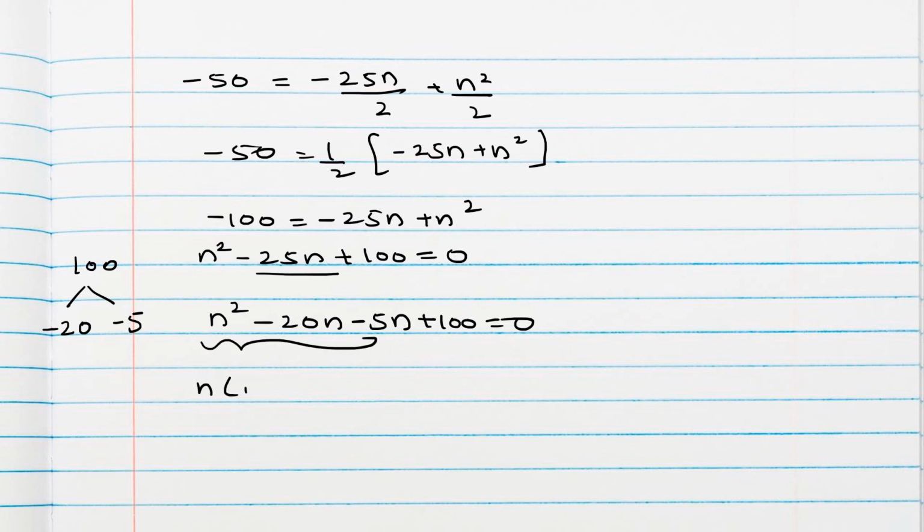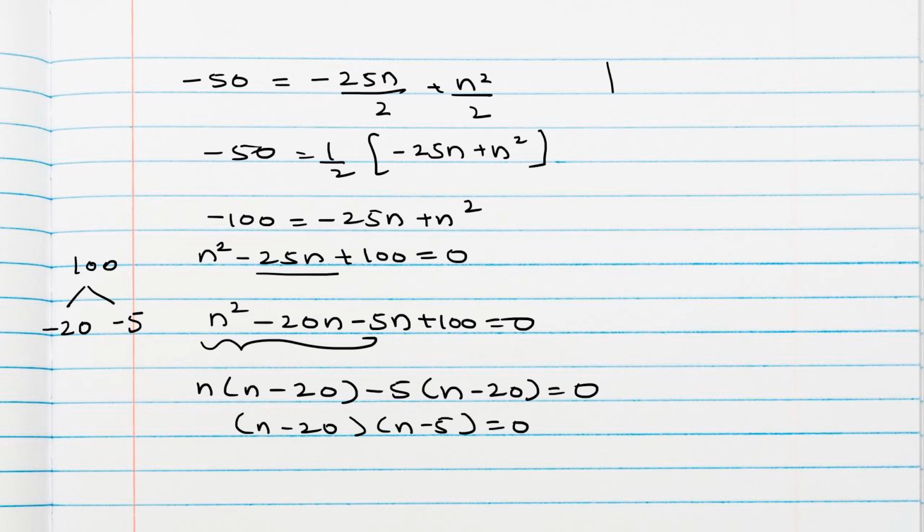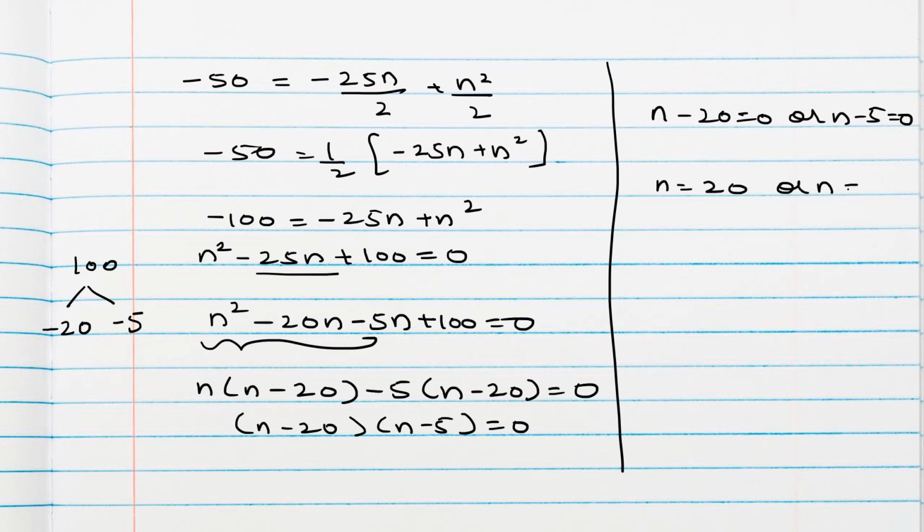Taking n common, n minus 20, and here 5 common, n minus 20. So (n minus 20)(n minus 5) equal to 0. So n minus 20 equal to 0 or n minus 5 equal to 0. So n equal to 20 or n equal to 5.